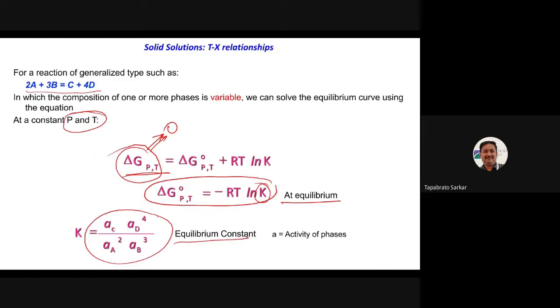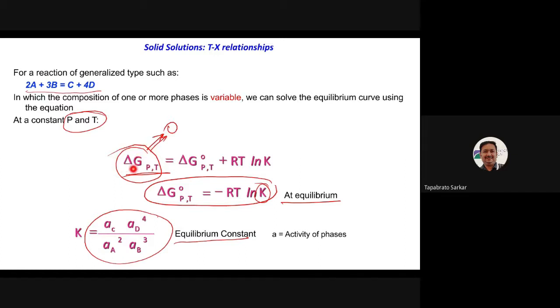Now we are trying to find out the equilibrium condition. So if we take a generalized reaction like this, the same reaction, now if these phases A, B, C, D, one of them or all of them have solid solution, which means that their compositions are variable, then we write the reaction in this way.